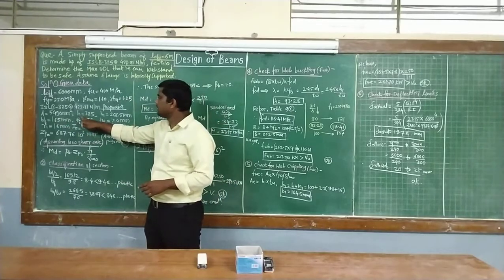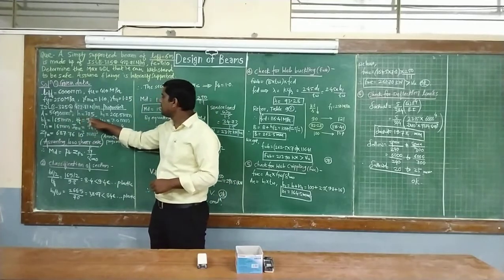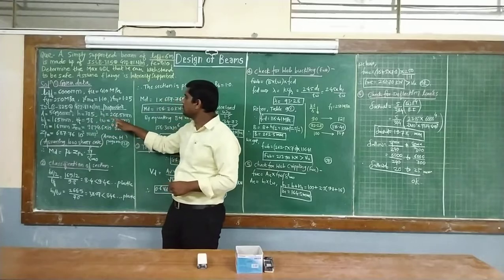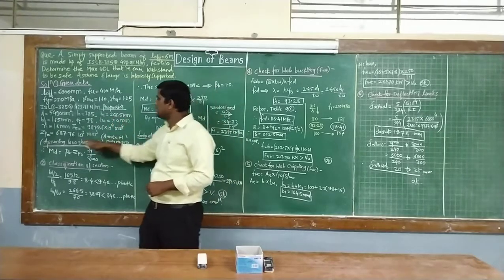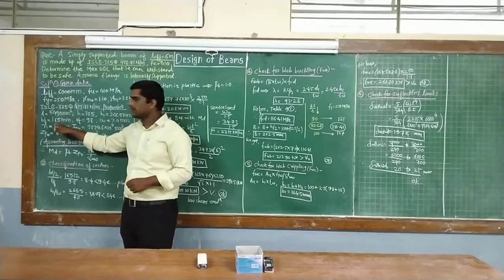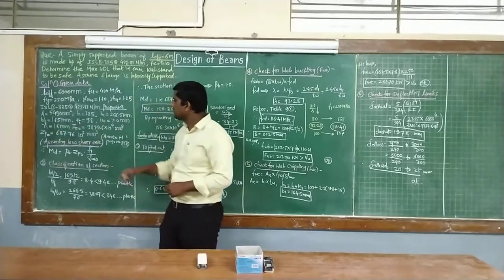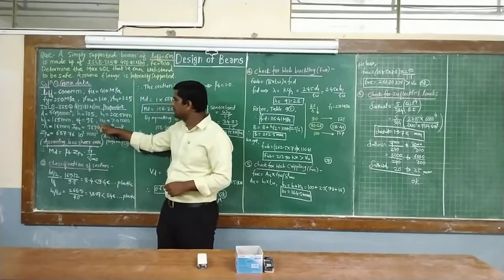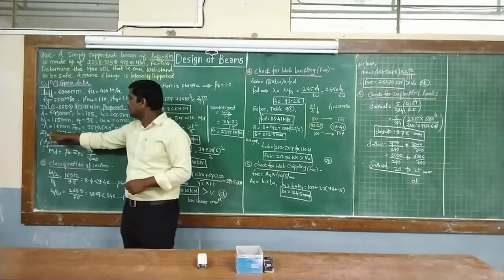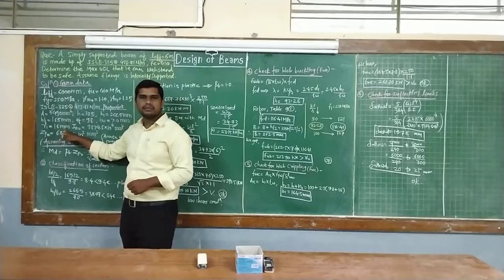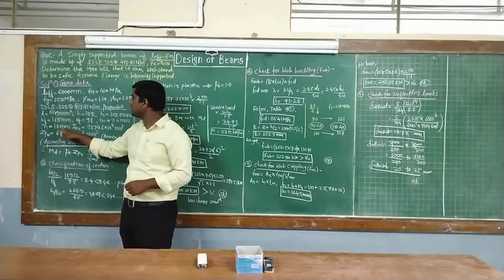Depth of I section is 325 mm, h1 is equal to 266.5 mm. Width of flange is 165 mm. Thickness of flange is 9.8 mm. Thickness of web is 7 mm. R1 is 16 mm from the steel table for ISLB 325.